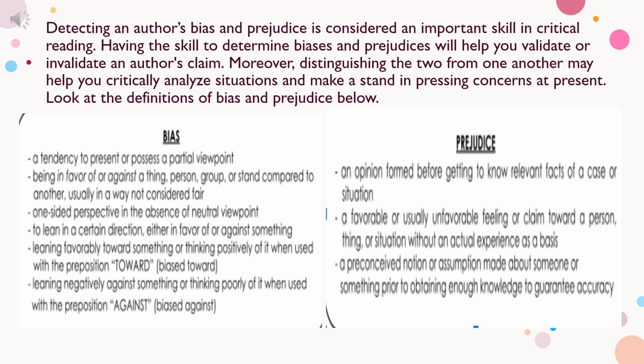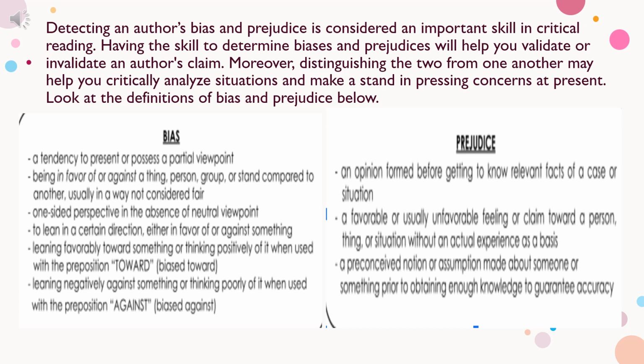Detecting an author's bias and prejudice is considered an important skill in critical reading. Having the skill to determine biases and prejudices will help you validate or invalidate an author's claim. Moreover, distinguishing the two from one another may help you critically analyze situations and make a stand on pressing concerns at present. Look at the definitions of bias and prejudice below. So, for us to better understand what biases and prejudices are, let's figure out the definition of each.